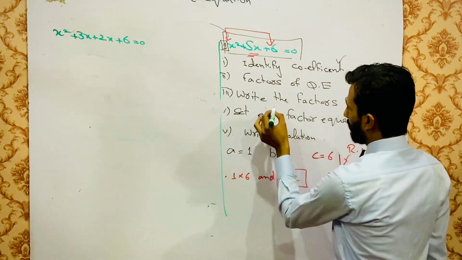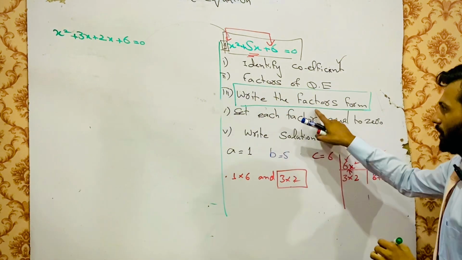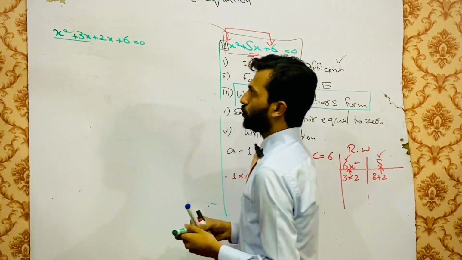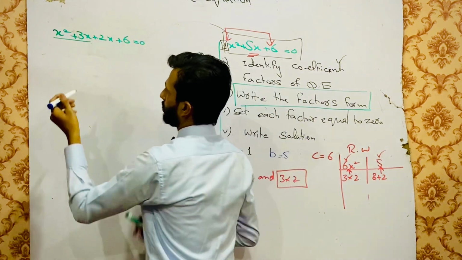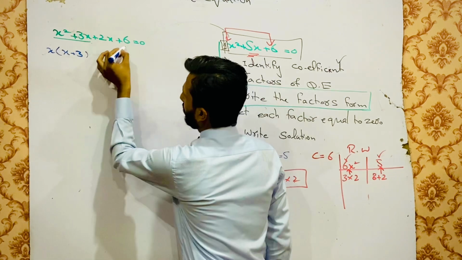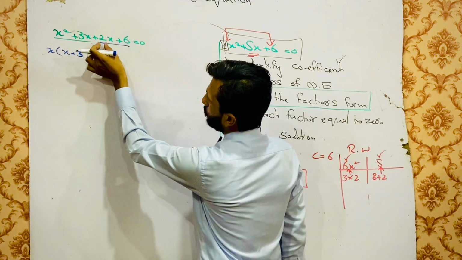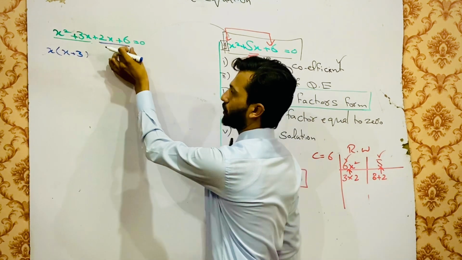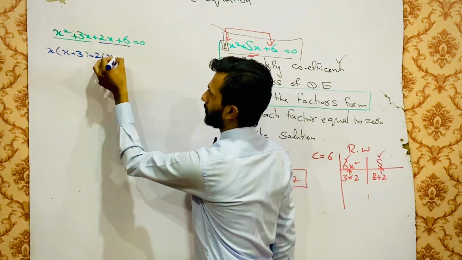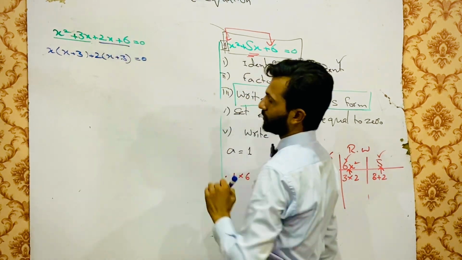Number 3, write the factors form. Here, in the first two terms the common factor is x, giving x into x plus 3, and in the last two terms the common factor is 2, and 2 multiplied by 3 is equal to 6, giving 2 into x plus 3. So x into x plus 3 plus 2 into x plus 3 is equal to 0.